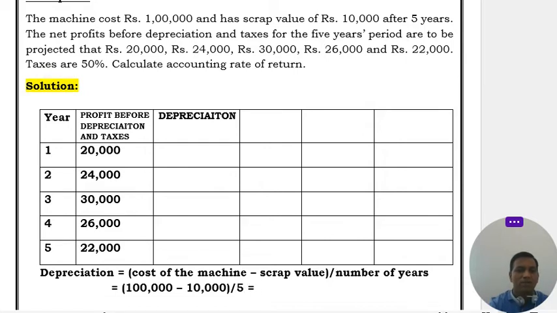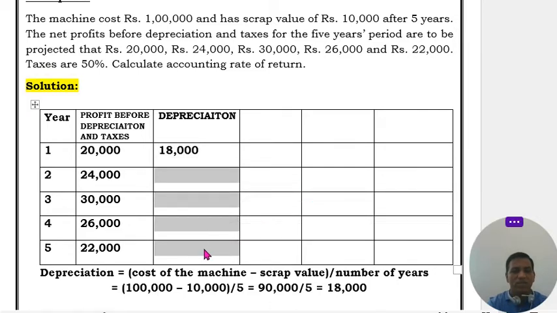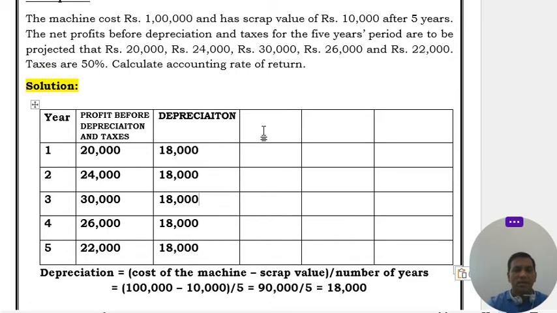That equals 100 minus 10, 90,000 divided by 5. That equals 18,000. Value of depreciation per annum is 18,000. Assuming the straight line method, it remains the same every year, 18,000.